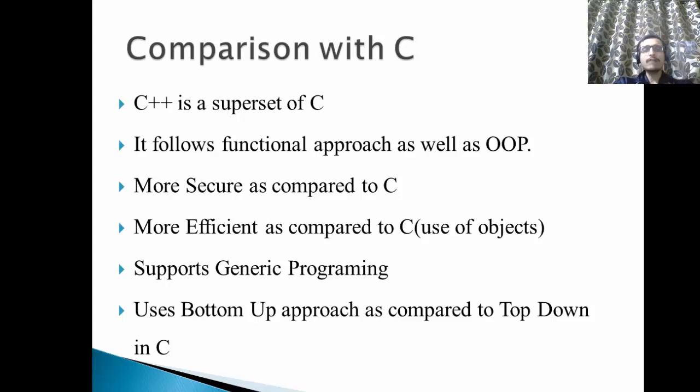Plus plus means advancement in C. So C++ is basically a collection of C libraries plus some other libraries that have been introduced in it. It follows the functional approach as well as the object oriented programming approach. As it is a superset of C, it follows the traditional approach, but we can also introduce the concept of objects in C++, which we'll see later on in the subsequent lectures.